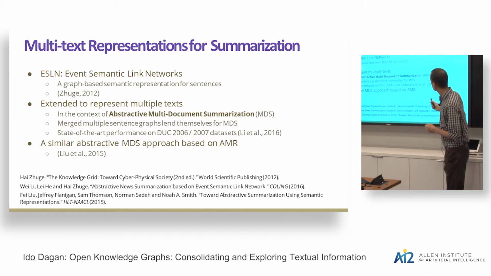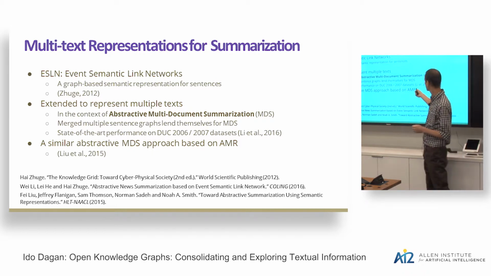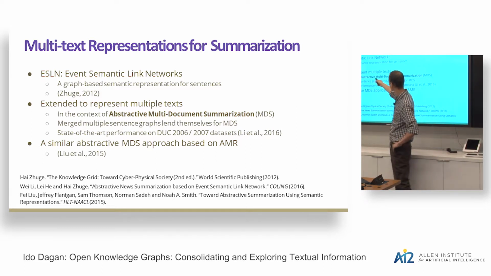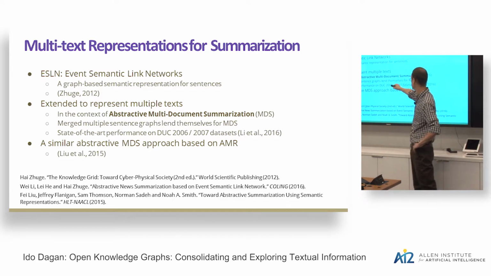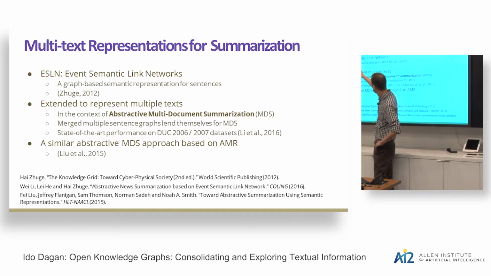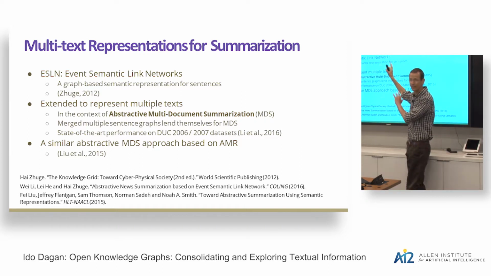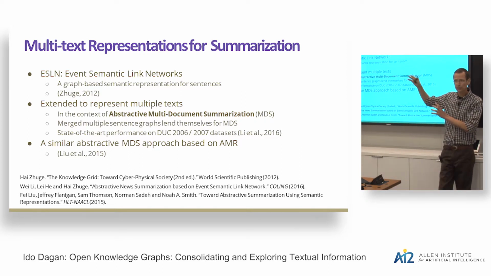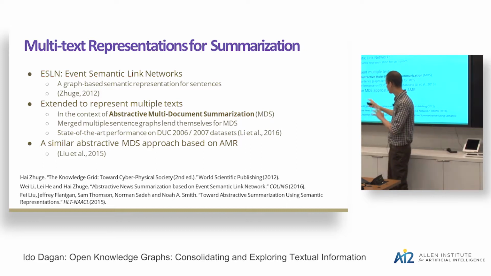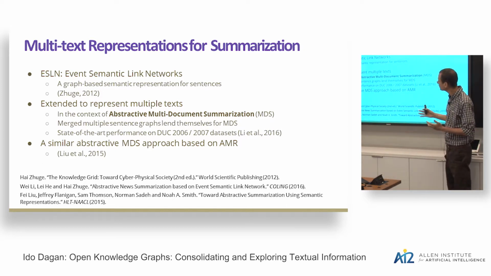In particular, from just last year, state-of-the-art performance on abstractive multi-document summarization on popular DUC datasets was achieved by a method that took these event semantic link networks. That's a less known formalism. It was developed in other communities, more like the semantic web. But it again has a similar flavor. You'll see an example in a minute.